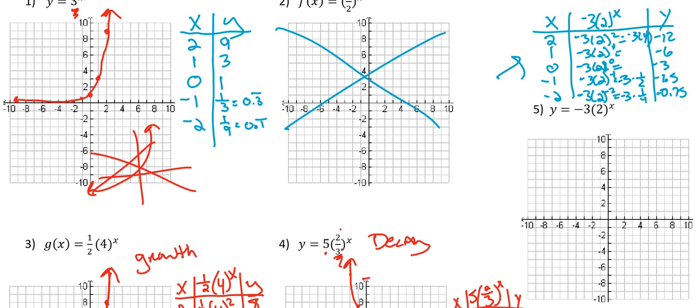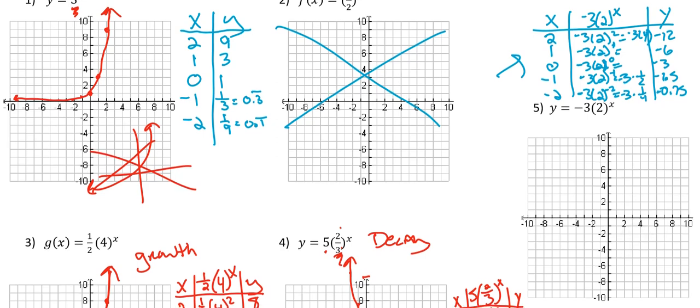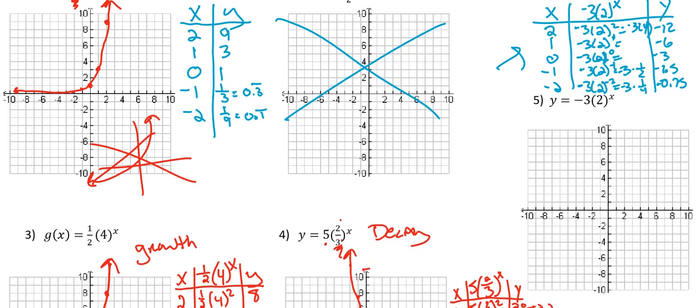I have 2, -12. So I'm going to add a dash for 2, so somewhere down there. 1, -6. 0, -3. -1, -1.5.